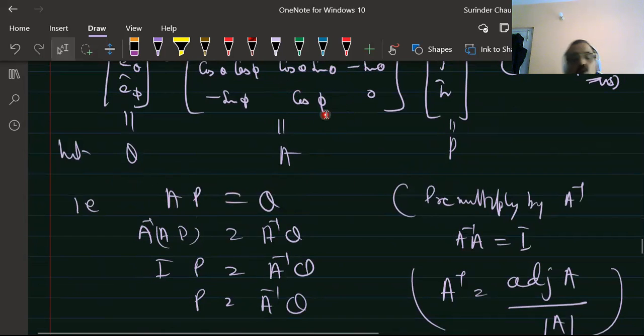Now these vectors are linearly independent.